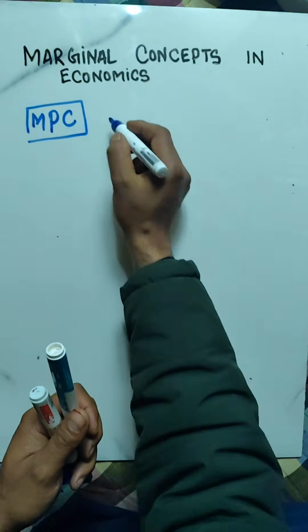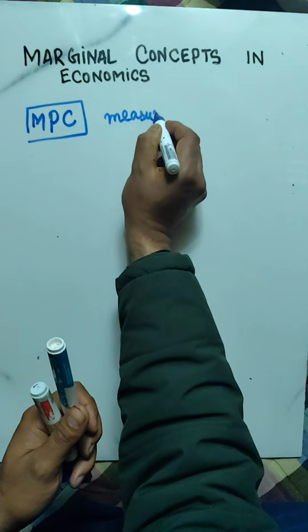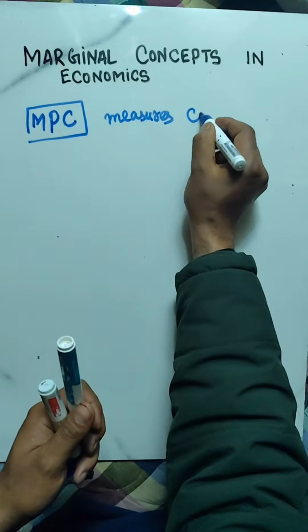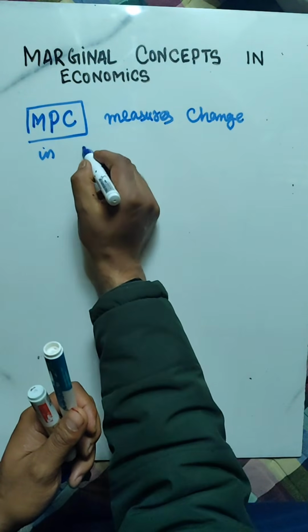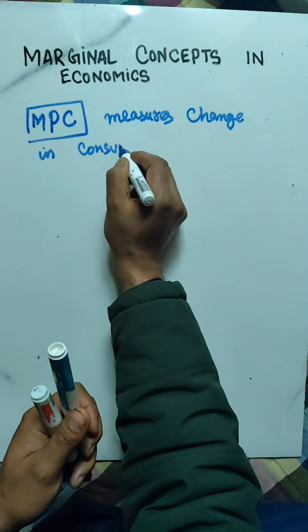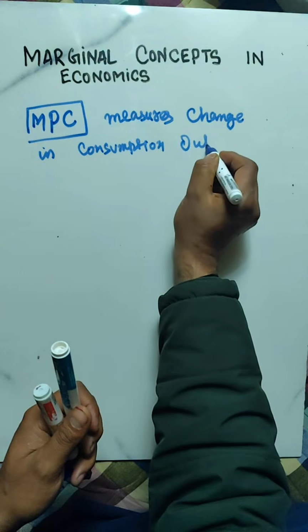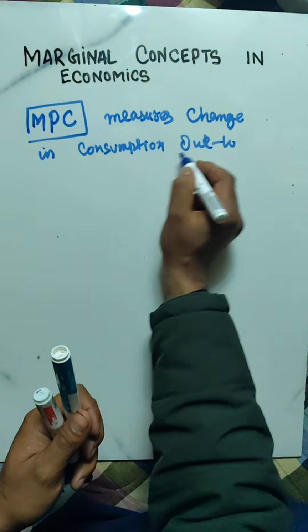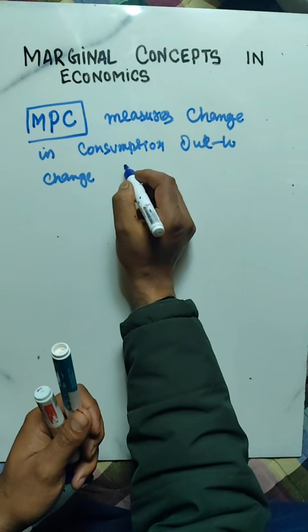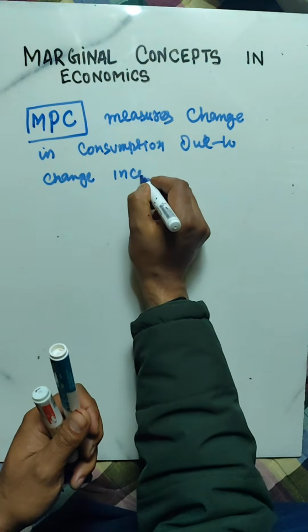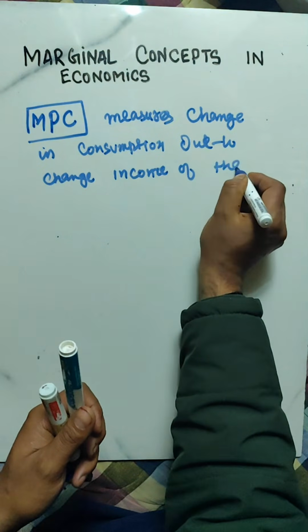Marginal propensity to consume measures the change in consumption due to the change in income of the consumer.